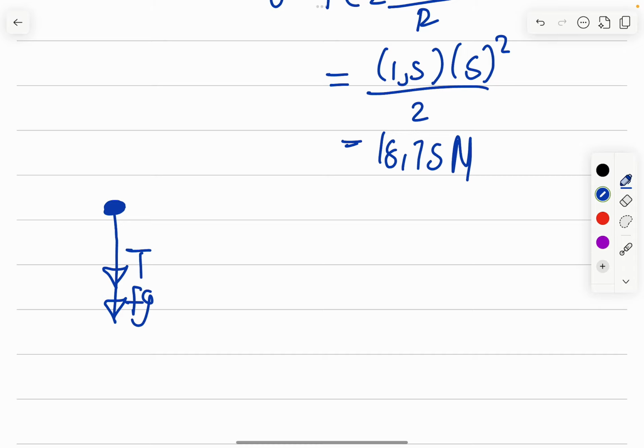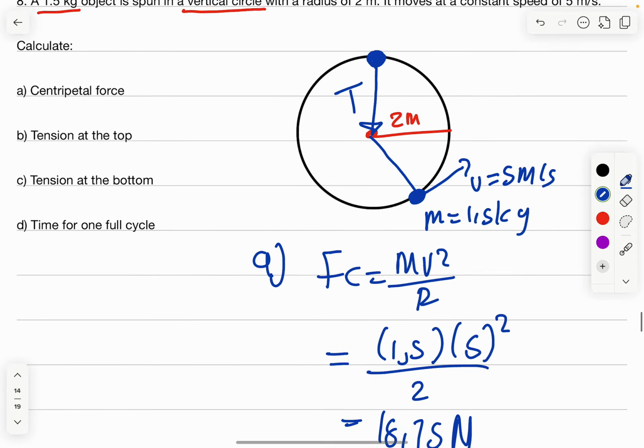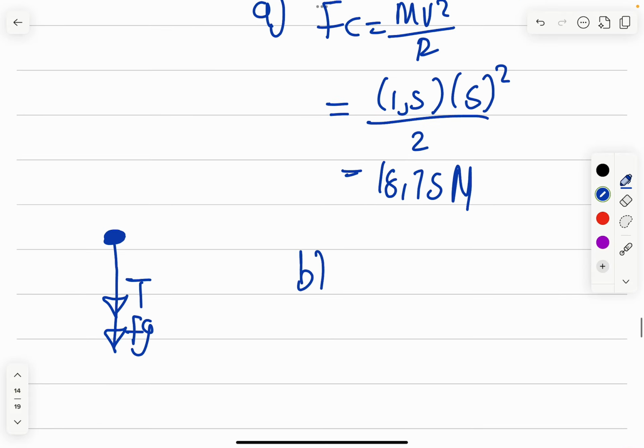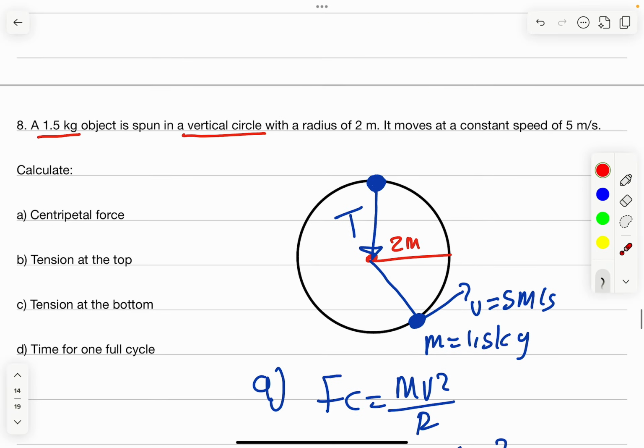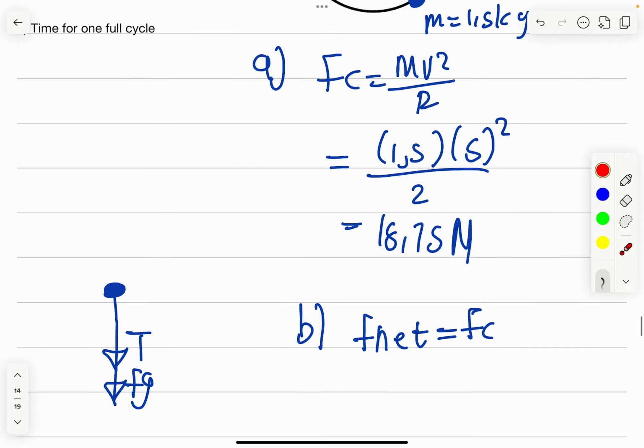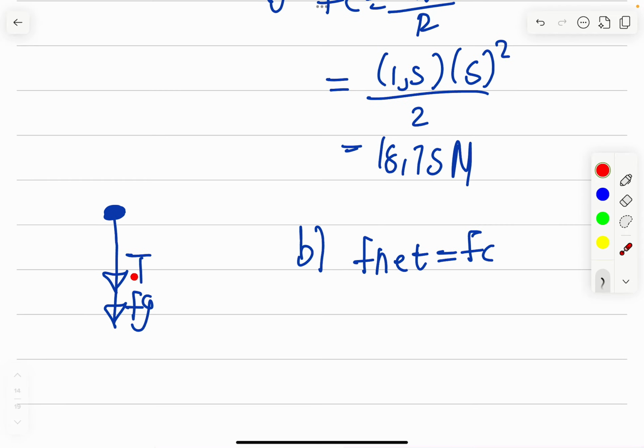Whenever you are applying the formula of centripetal force, F net equals the centripetal force, you must make sure you choose the force that is going to the origin to be positive. So all the forces going to the origin have to be positive. I'm going to have tension plus mg.